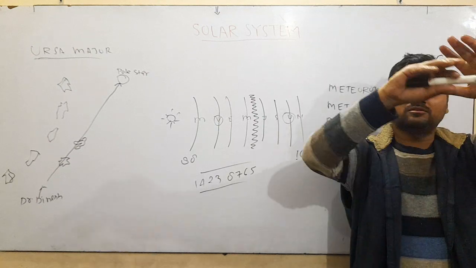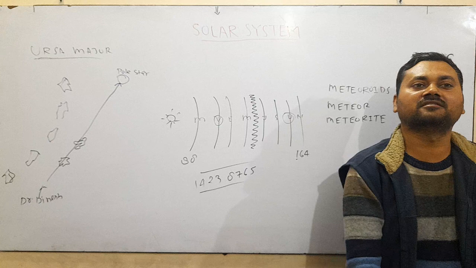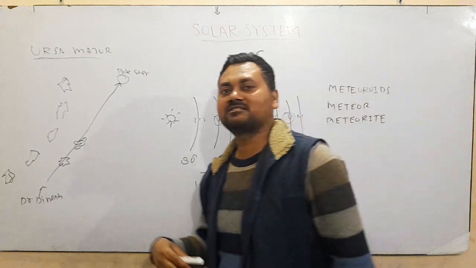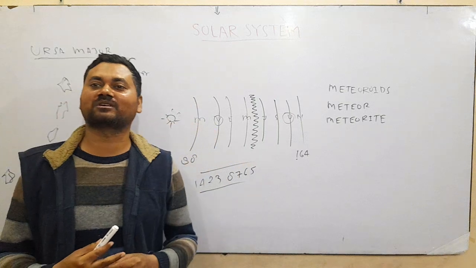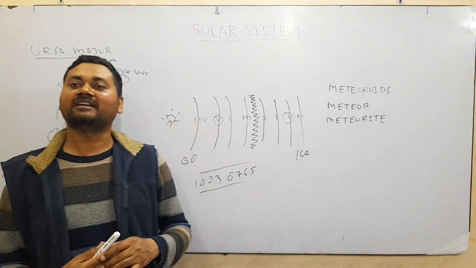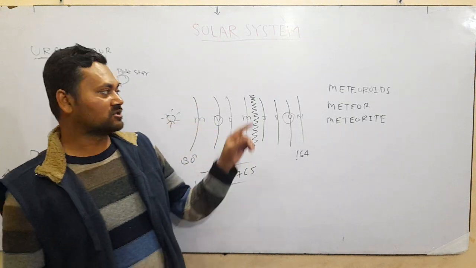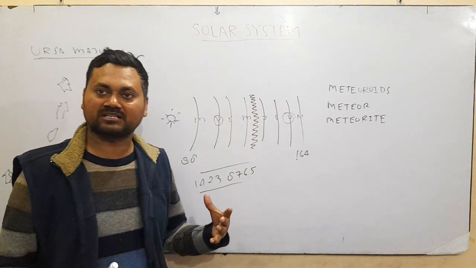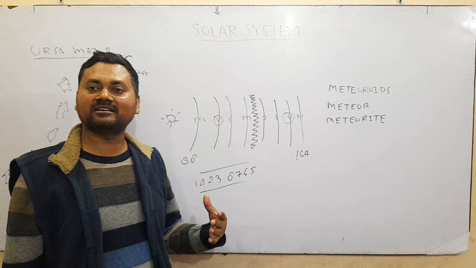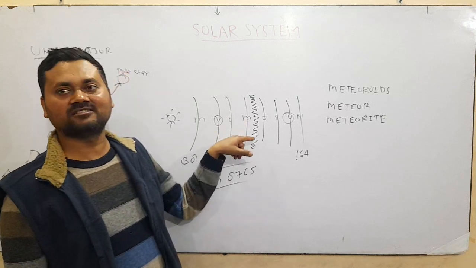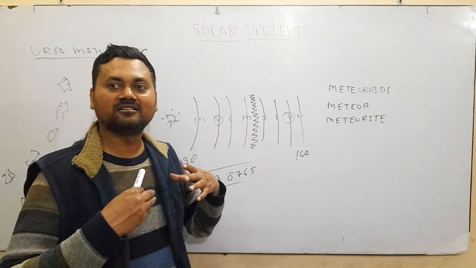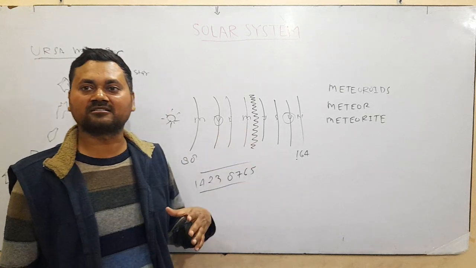And as we know, earth has its atmosphere, which I have discussed: the troposphere, stratosphere, mesosphere, thermosphere, exosphere. So this object which was present here, due to some circumstances, gets detached from this particular space and starts running towards the earth.